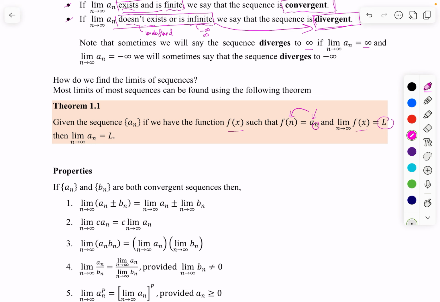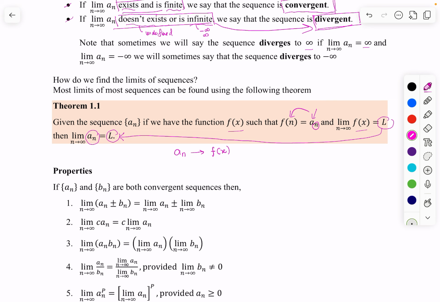If it happens this way, we can also say that the limit for the sequence is also equal to L. So the idea is that for you to know if the sequence will have a limit or not, you can first let the sequence be a function.